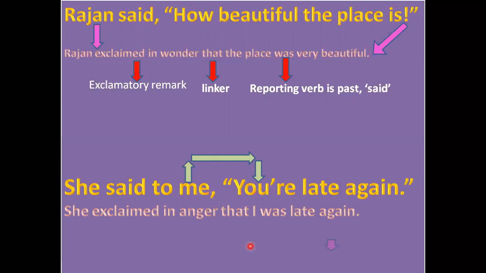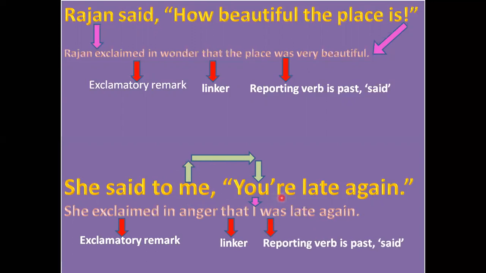Accordingly, you can change, see the change in front of yourselves. Yes, that once again is the linker, and why it is becoming was, it was are in the direct speech. Why it is becoming was, because the reporting verb is past, and this you is becoming I, because you here refers to me.